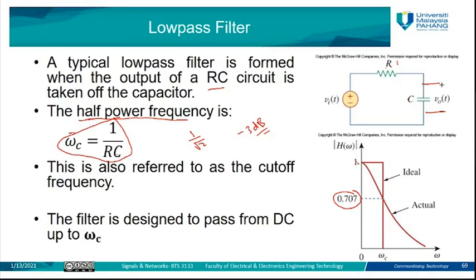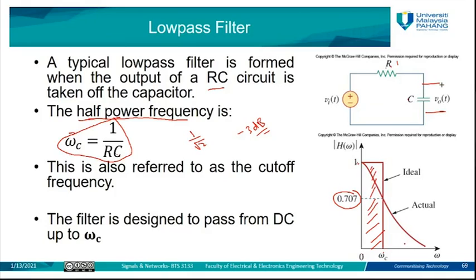The transfer function here gives you values: at 0 it is equal to 1, at omega C it is equal to 1 over root 2, then at infinity it equals 0. After omega C, whatever the value of omega is, H of omega gives you 0. Only between 0 and omega C does H of omega have values.